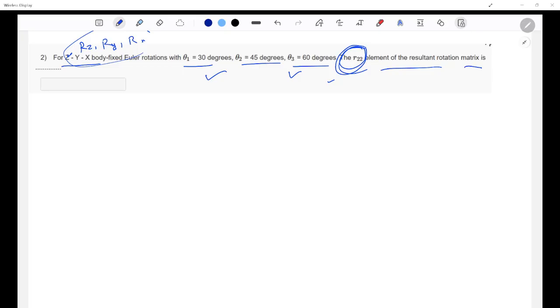From here we know theta 1 is 30 degrees, theta 2 is 45 degrees, and theta 3 is 60 degrees. We are asked to find R22 of the resultant rotation matrix, and it is an integer based question. So how are we going to do this?